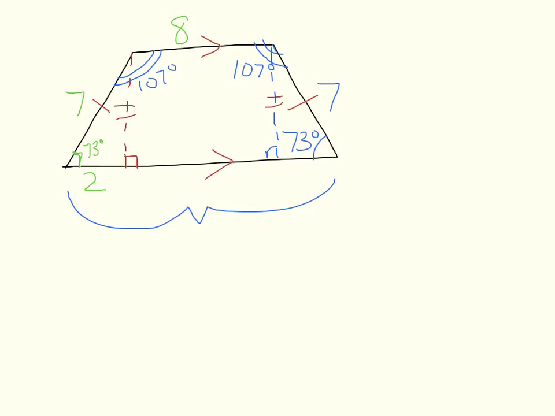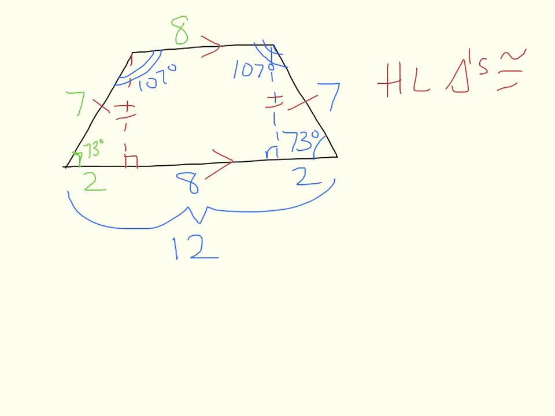So now we have HL, right? So by HL, those two triangles are congruent. So what that means is that this length here is 2. This shape here is a rectangle. So this has to be 8. So if you add all that up, that is equal to 12. And so that's everything we want.